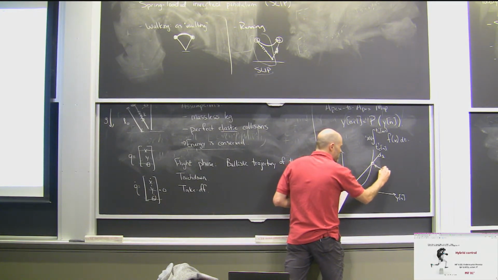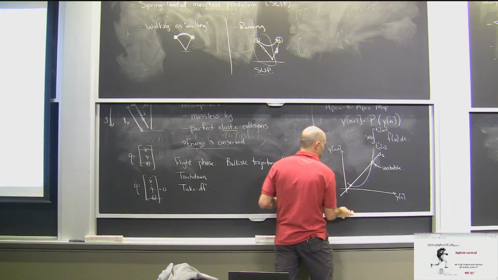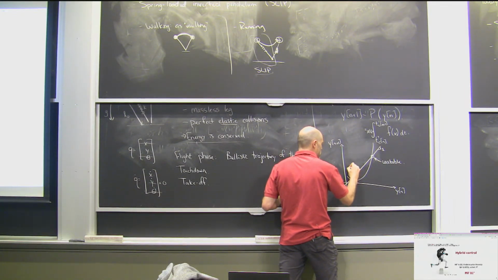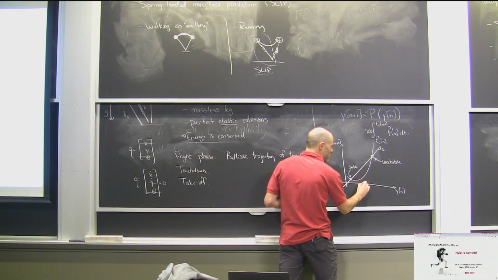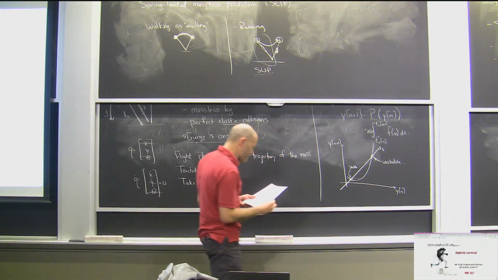This one is unstable, and this one is stable, where if I were to do my little iterated map trick, it converges. It doesn't necessarily monotonically converge, but it will converge to the stable fixed point.